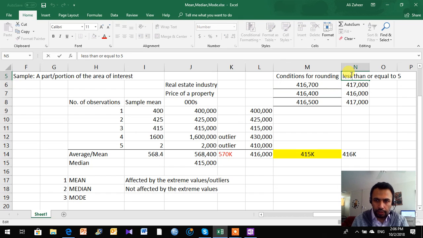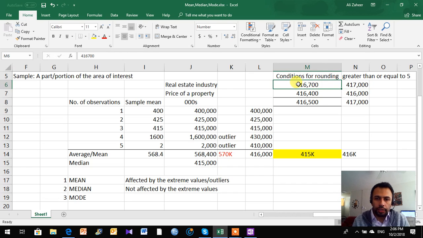So I'm writing here, greater than or equal to 5. Let's suppose we decide that we need to round to the first 3 digits. Now the fourth digit is 7, so this means we need to add 1 to 6. That becomes 417. If in this case you can see the next digit is 4, which is less than 5, so we will leave it like that. It becomes 416. If the digit is 5, this is equivalent to 5, so we will again round it to 417.